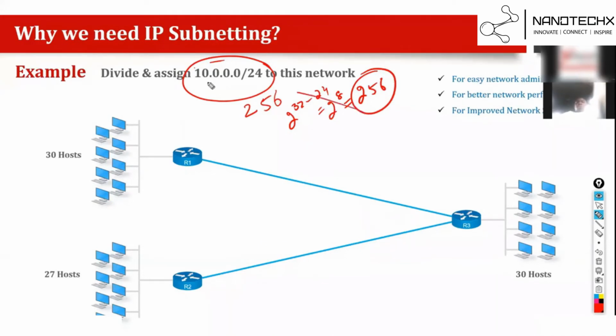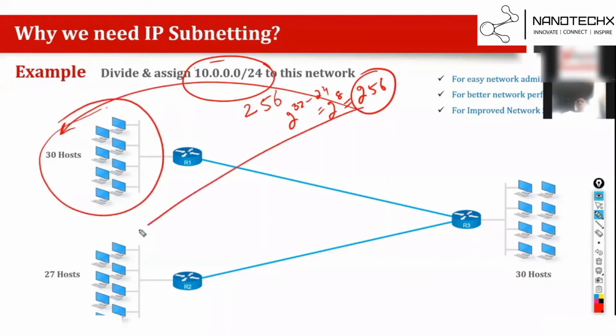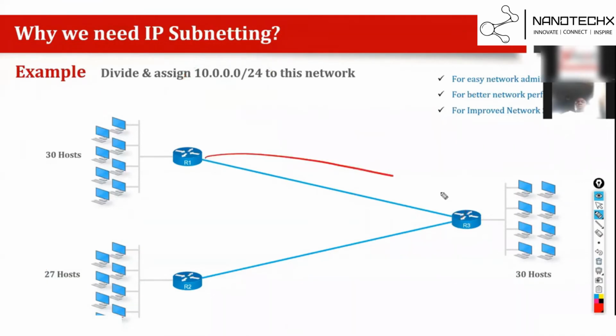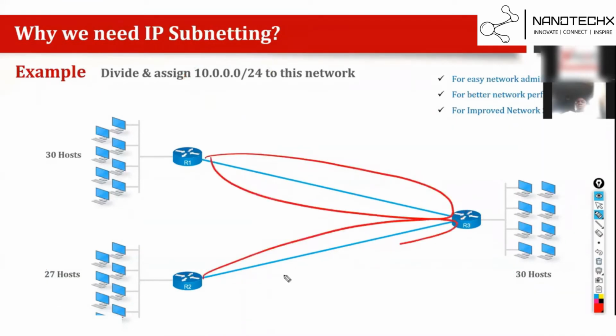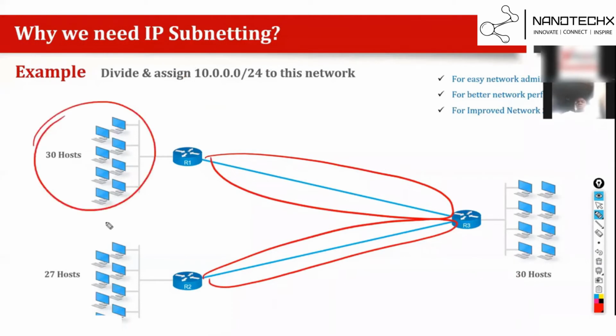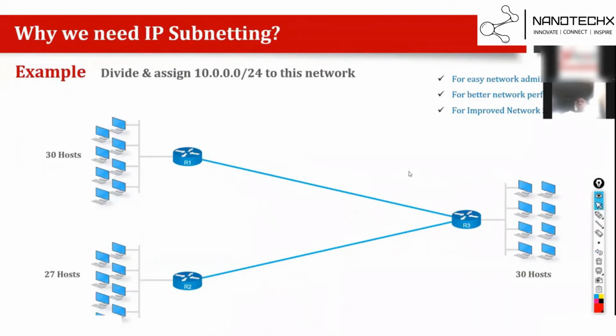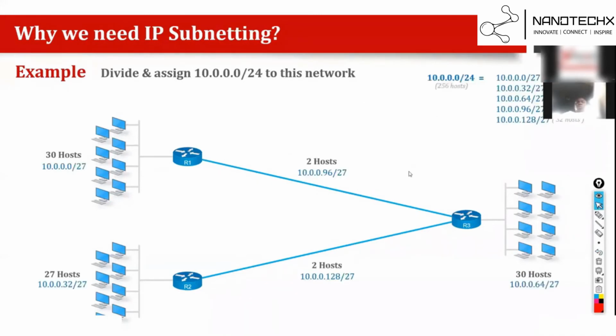Out of these 256, we give around 30 hosts to this network, around 30 to network number 2, 30 to this one, and 2 to this network, because between two routers is also a network. So in total there are 5 networks. We have divided 1, 2, 3, 4, and 5. This is how we do subnetting, and this is why we need it, because we cannot keep on assigning. It is shown on the screen as well. How do we do this one?